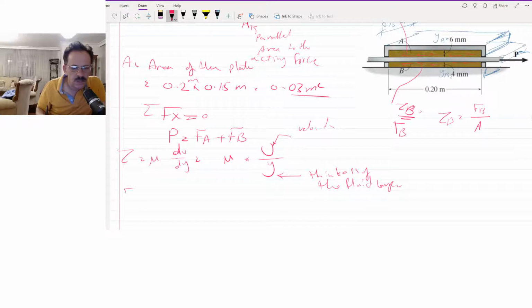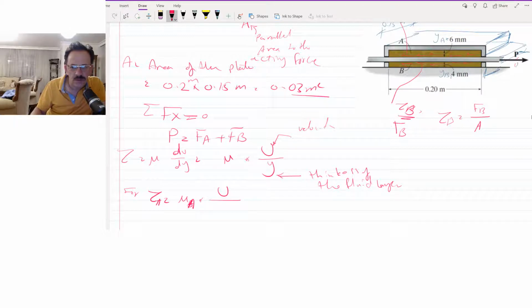Now for the top layer, which is the A layer, tau A will equal the viscosity of the layer above, which is viscosity at A, times the velocity of the plate.